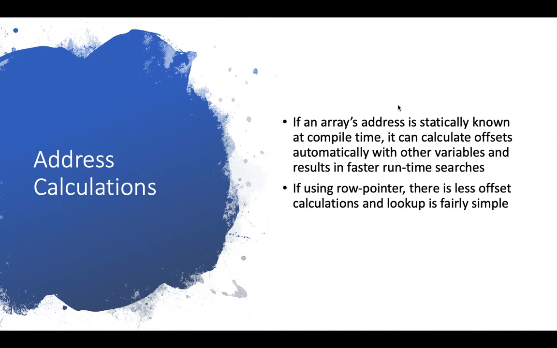And then in terms of actually calculating the address of a member of an array, if that array's address is static and known at compile time, then it can basically do all of those memory calculations and pull in data from memory at compile time, which ends up making the runtime calculations much quicker because it doesn't have to pull from memory at the same time as it's trying to do calculations.